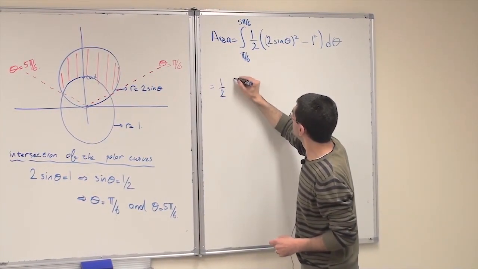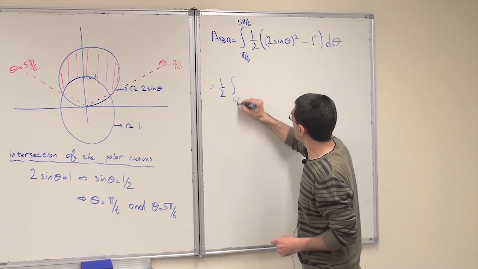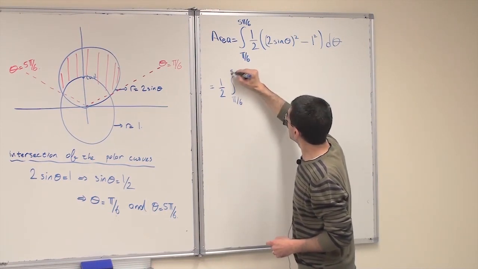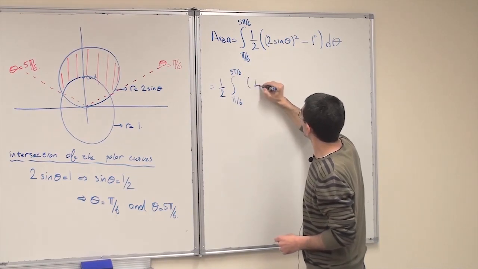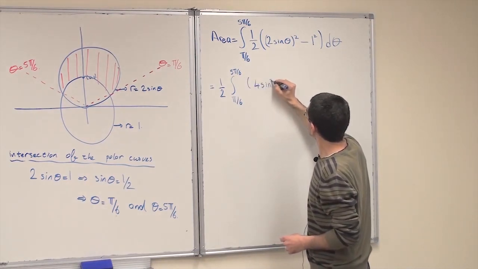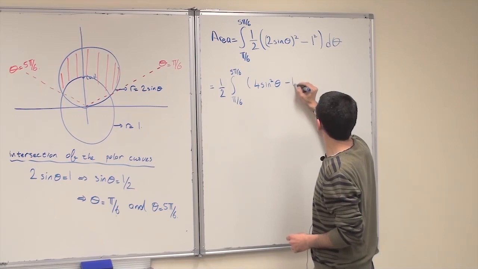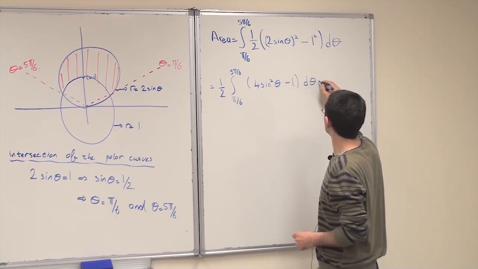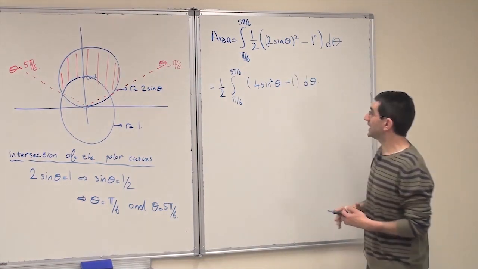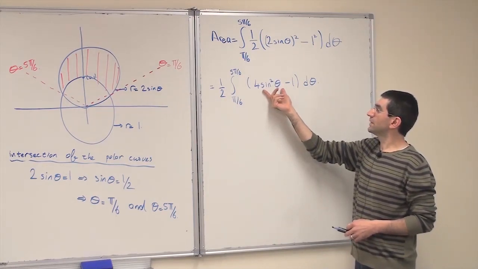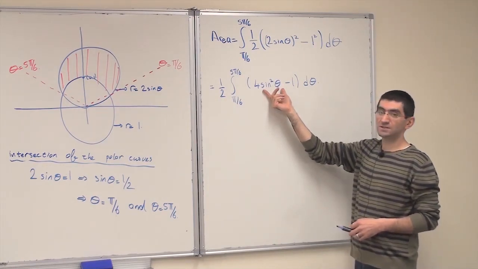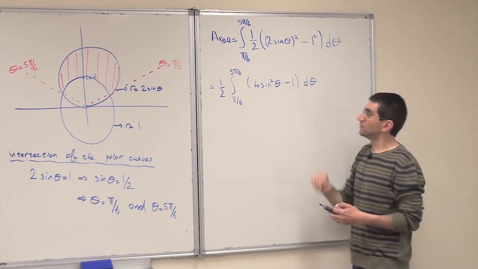1 over 2, integral from pi over 6 to 5 pi over 6, 4 sine squared theta minus 1. We have again a square of a trigonometric function. So we use a trigonometric identity for that.